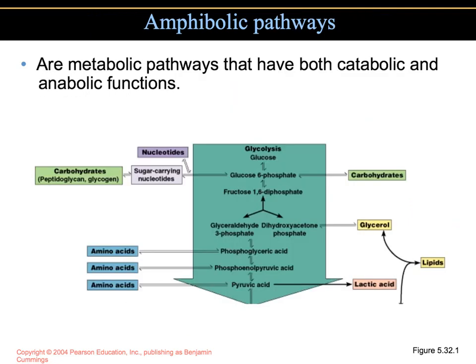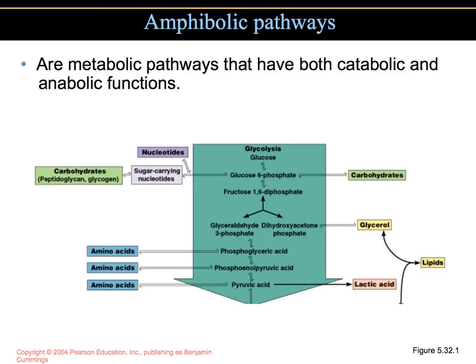We're going to end this by mentioning amphibolic pathways, which are metabolic pathways that have both catabolic, breaking down, and anabolic, building up, functions. If you think of the Krebs cycle, it helps with the breakdown of glucose, which is catabolic, but it also produces intermediates that can be converted into amino acids, which would be anabolic.